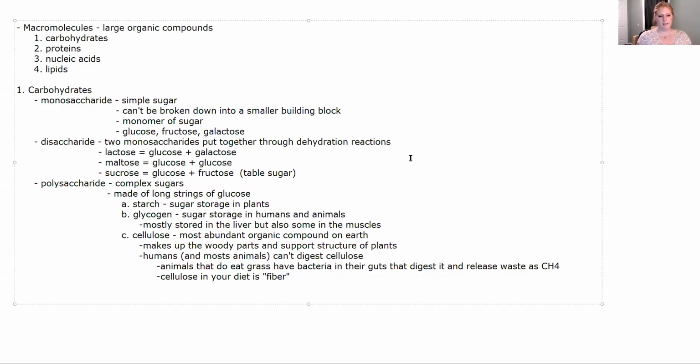Okay, let's talk about proteins. We don't have all of these little subcategories for proteins, just some basic vocabulary. Proteins have amino acids that they're built from.